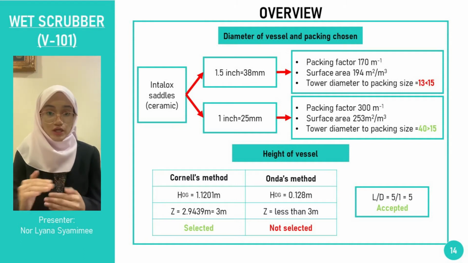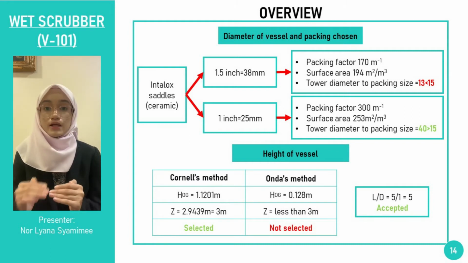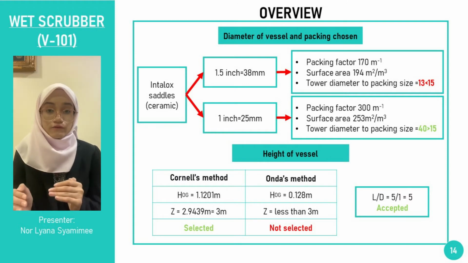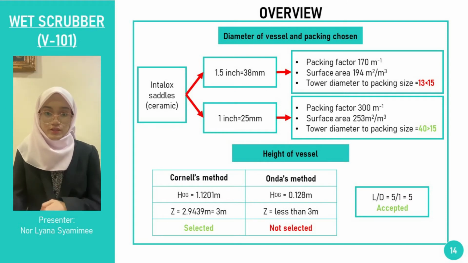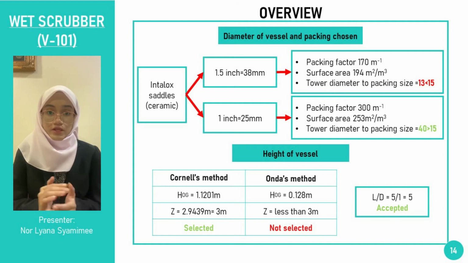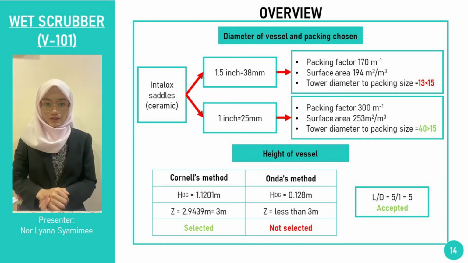So I changed the packing size to 1 inch, and finally I got the ratio 40, which is way larger than 15. Therefore, it is acceptable in the heuristic. Finally, the diameter of the tower is 1 meter.